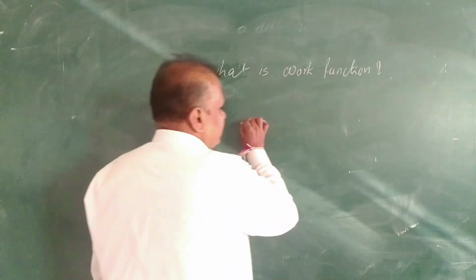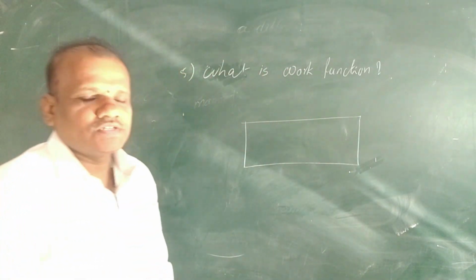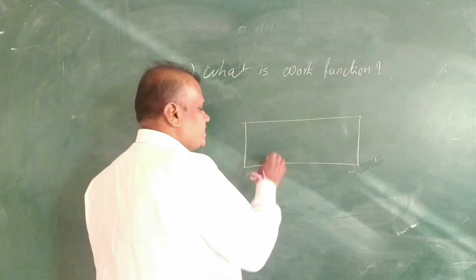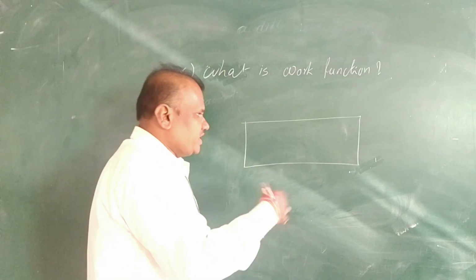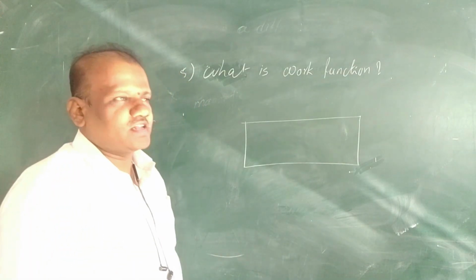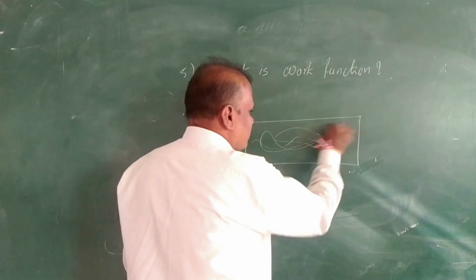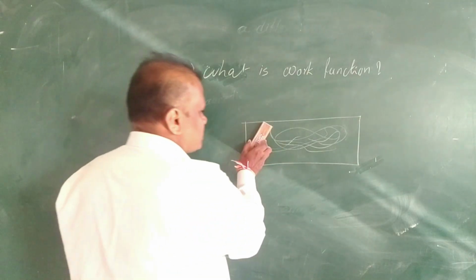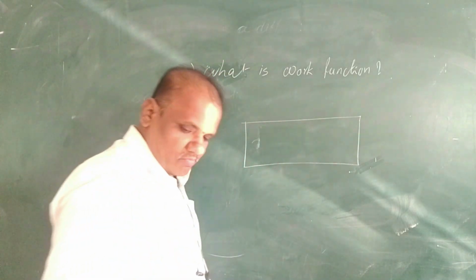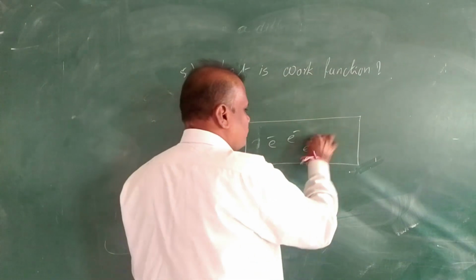If I take a metal, the metal is going to have a large number of free electrons. Free electrons are those on which the impact of the nucleus is minimum, so there is no effect of the nucleus on these electrons. Therefore the electrons can move throughout the metal very freely, so they are called free electrons.